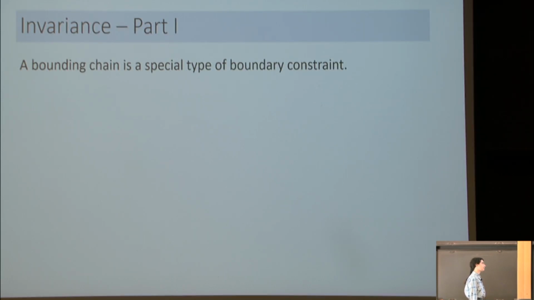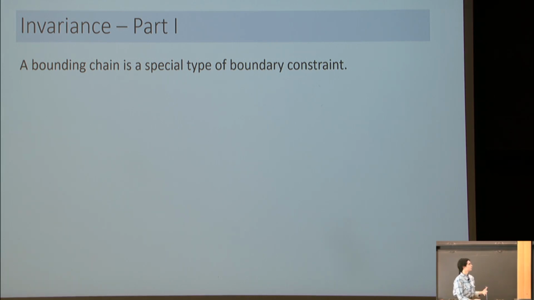So a bounding chain that's designed to deal with disk bubbling is a special type of boundary constraint. This will explain why the options for boundary constraints before were very limited.